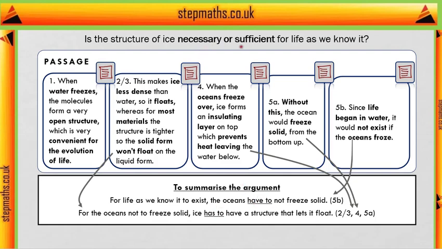Firstly, when we're looking for necessary or sufficient conditions, it's often useful to think about what has to happen if something else happens. And secondly, it's good to have the same language in both, because we want to draw a connection between life and the structure of ice, but there's this sort of intermediate fact, which is the oceans not freezing solid. So because we're trying to connect the two, it makes sense to try and use the same language in both, to hopefully make that simpler.